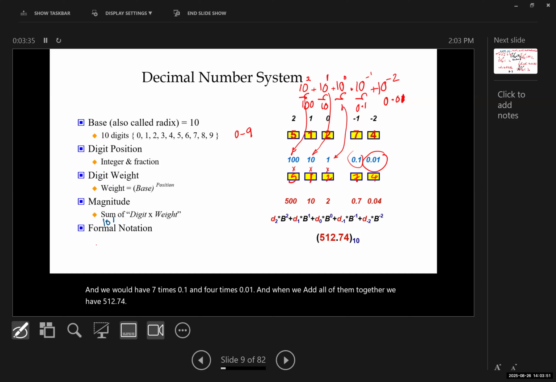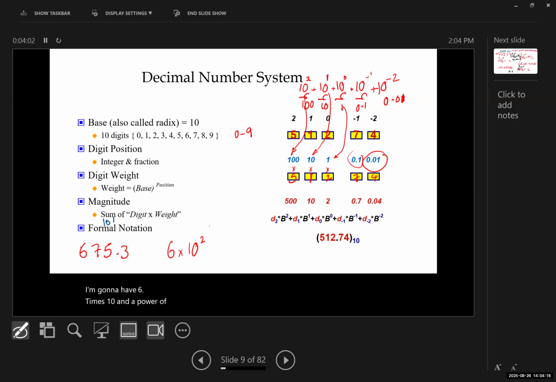Now let's solve another one. Imagine we have, give me a number between 1 and 10,000. 675.3. So if I want to convert this, I'm going to have 6 times 10 in the power of 2.